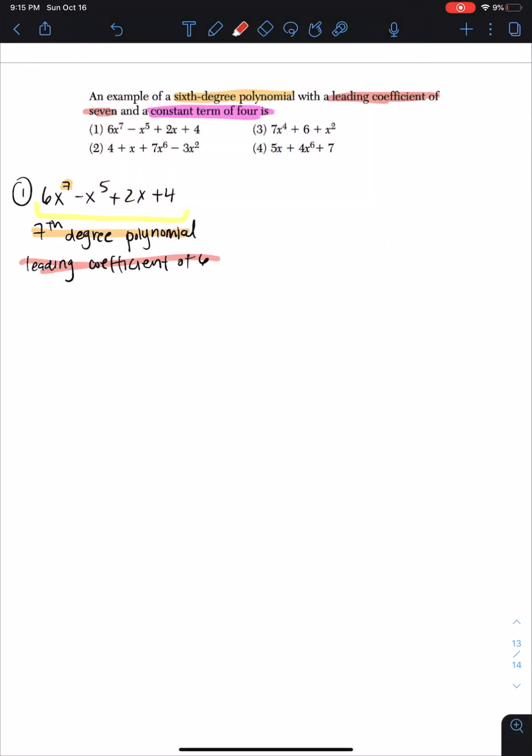I'm trying to highlight it similar to what we have in the problem. But it does have a constant term of 4. Based on what the problem is asking us for, the only thing it satisfies is the constant term of 4. In option number 1, they're hoping that we confuse what they mean by degree of polynomial and the leading coefficient. So we're not going to pick option 1.